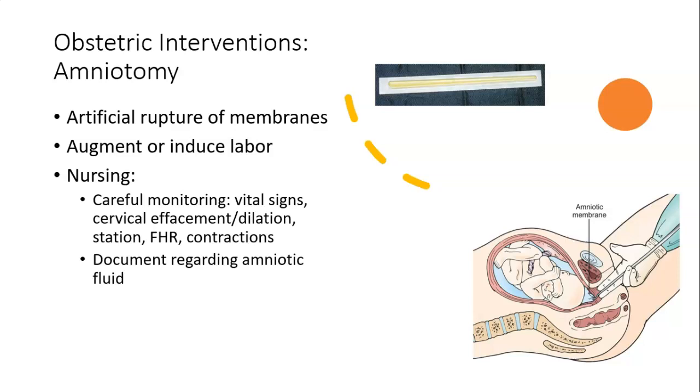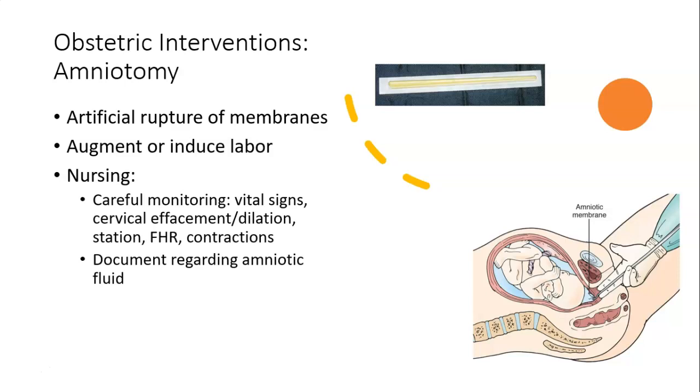When we rupture fluids, labor usually commences within 12 hours of artificial rupture. However, if labor does not ensue, there is an increased risk of infection. Other risks include fetal injury and umbilical cord prolapse. And because of the risk for infection, amniotomy is frequently used in combination with oxytocin induction to facilitate delivery faster.